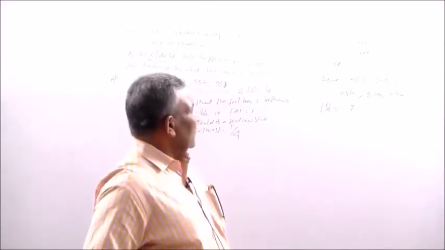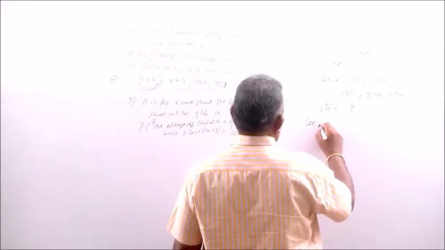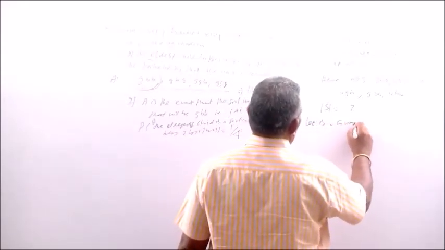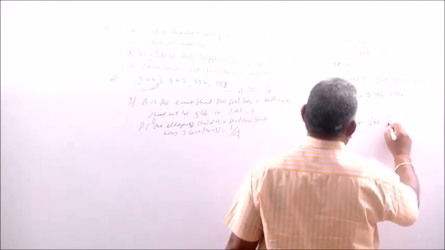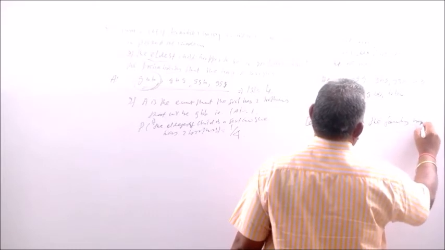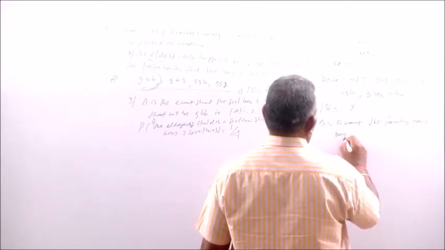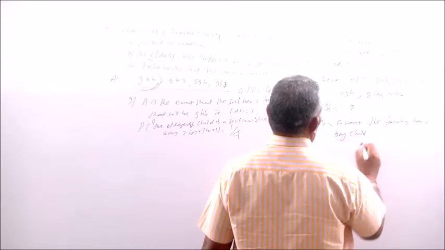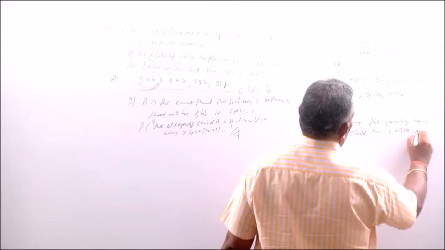Out of this there are 7 possibilities, but we let B be the event that the family has a boy child and 2 sisters.